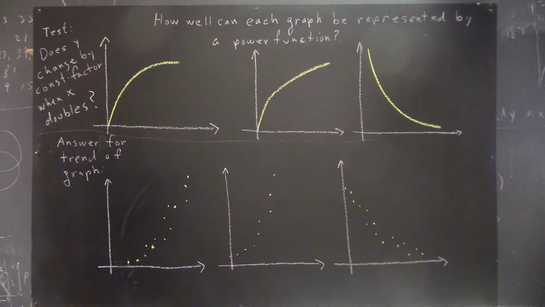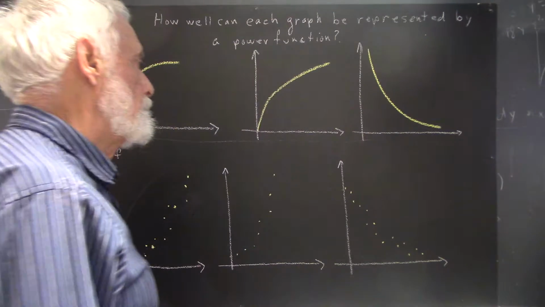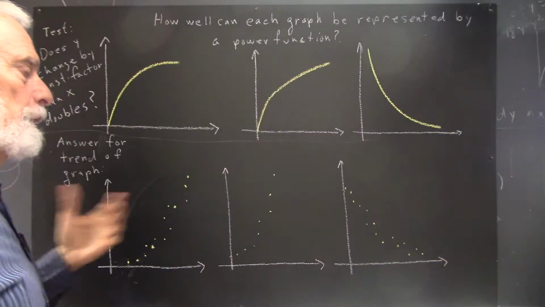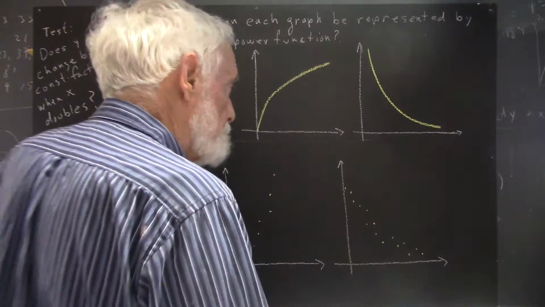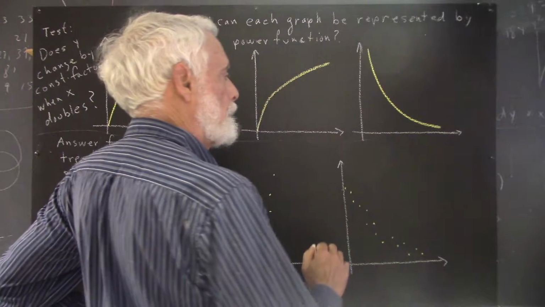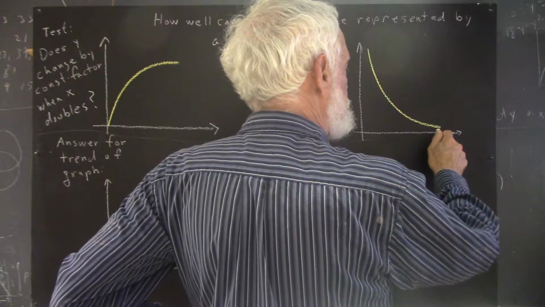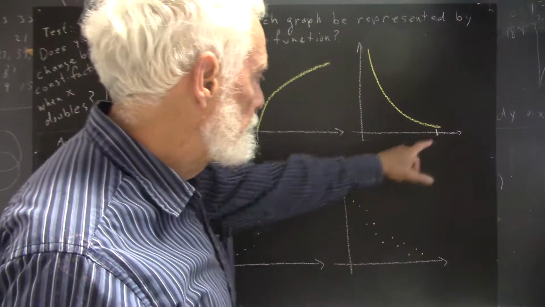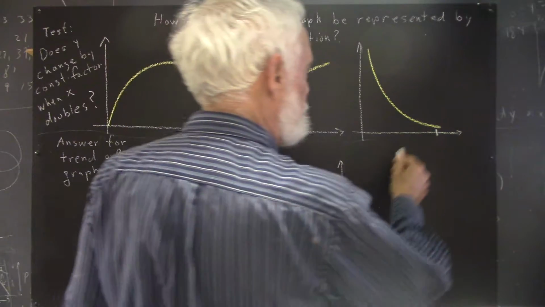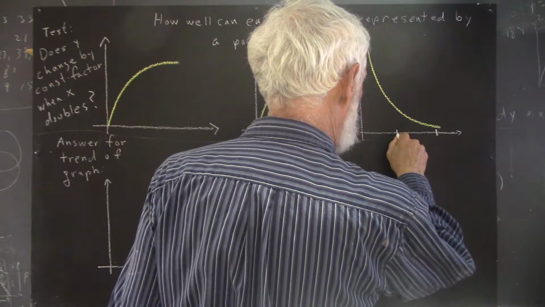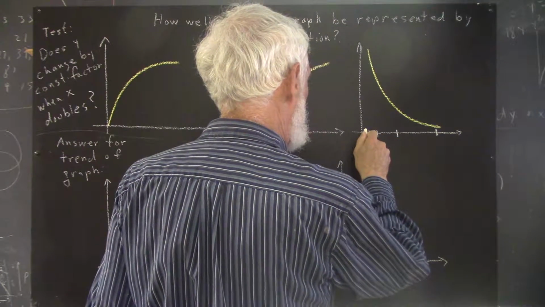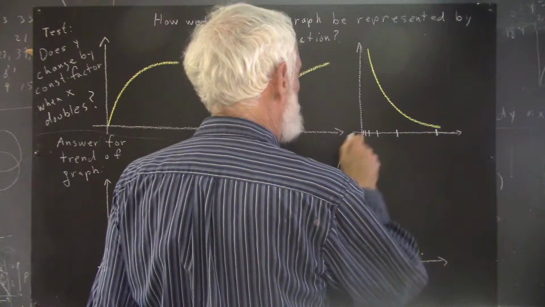Let's take one of the graphs. Let's just take this one. Okay? So we can have, well, any of the graphs. We take this one, and I'm not going to work out the entire solution, but I'm going to have a series of x values that double. Now, to get a series of x values that double, I'll start by picking an x value and take half of that, and take half of that, take half of that, take half of that, and even take half of that.